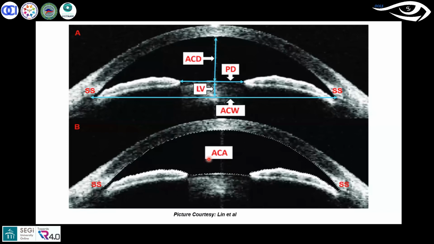So this is what you would ideally measure in a glaucomatous patient or in other conditions, like in a pre-LASIK patient, where you would prefer measuring even the pupil diameter. So it's ideally used for many diagnostic steps, like for LASIK as well as for glaucoma.